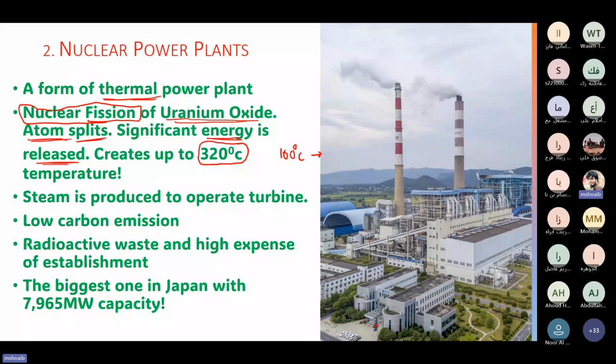So you can understand that if this fission process generates up to 320 degrees Celsius, it is more than enough to boil your water and produce steam. This steam is then made into high pressure and it will operate the turbine.